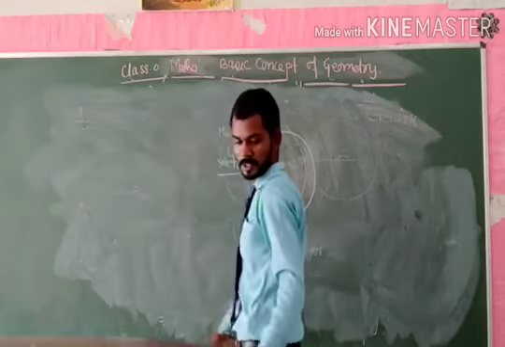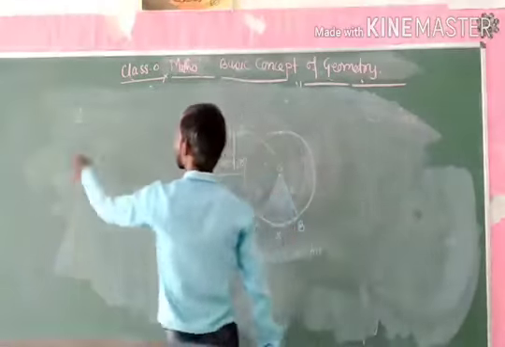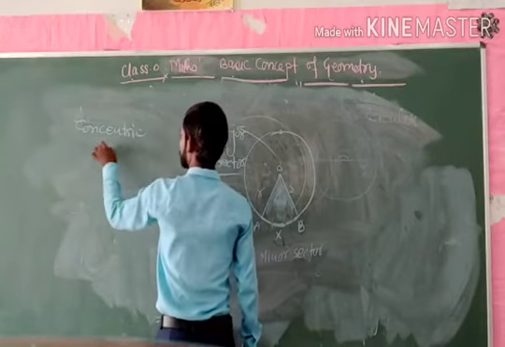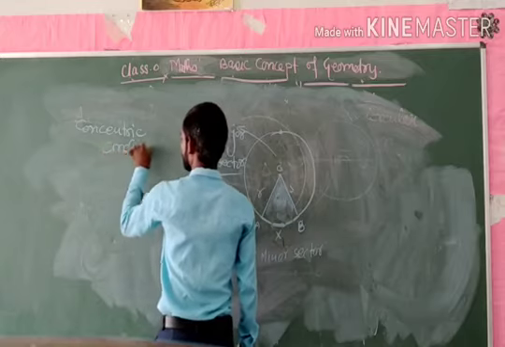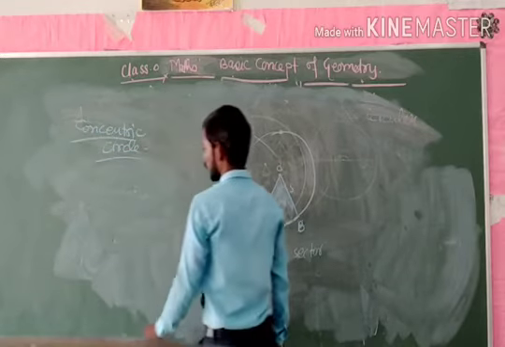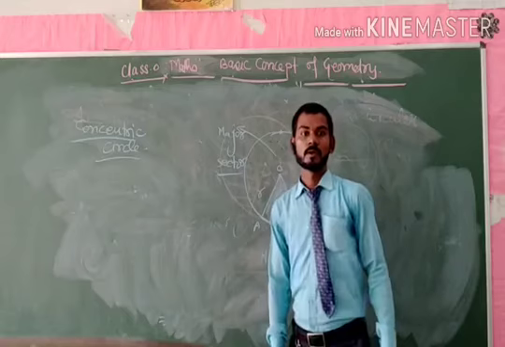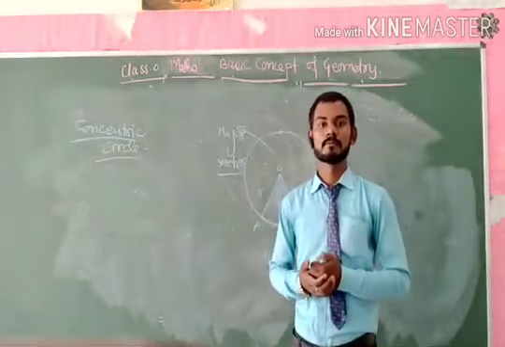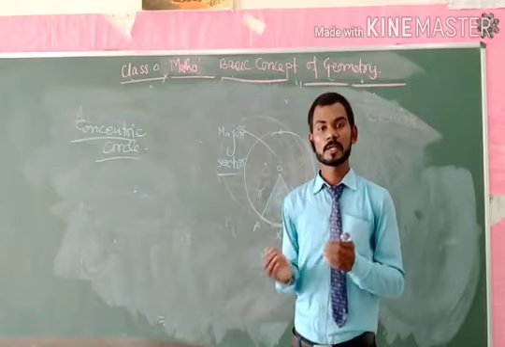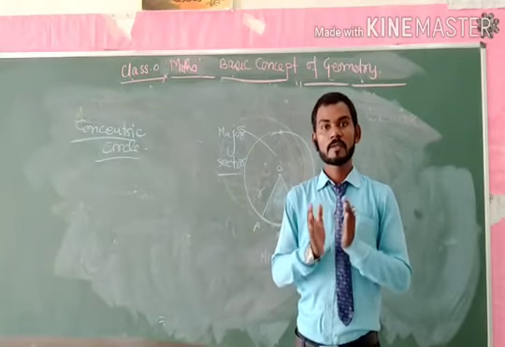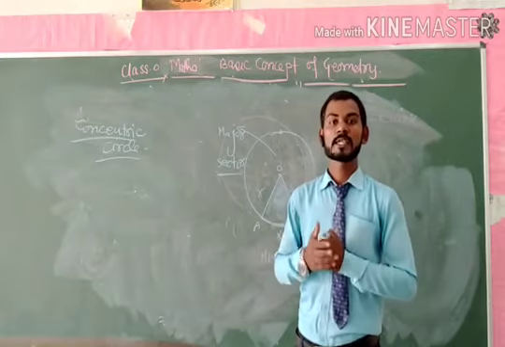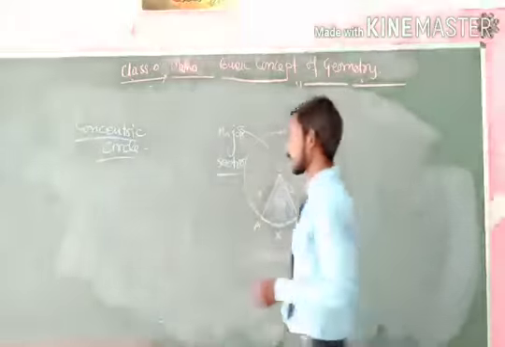So let's see the concentric circle, which has a very short definition. If two or more circles have the same center, then such circles are known as concentric circles.